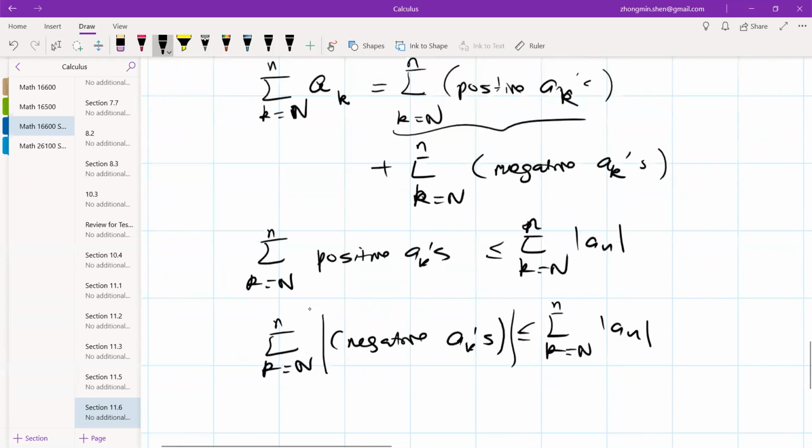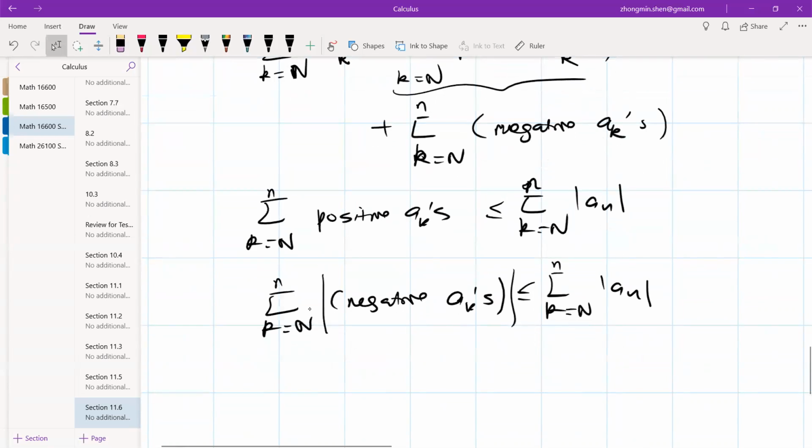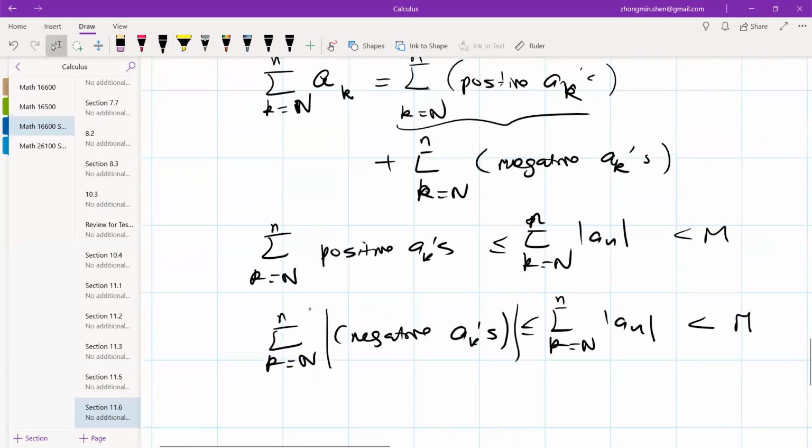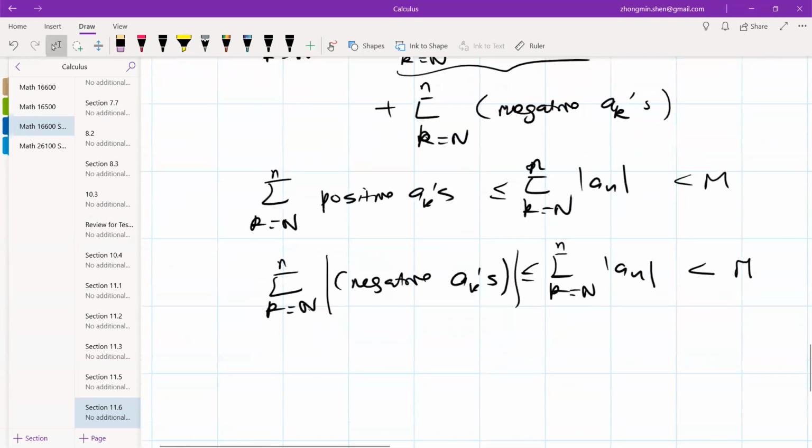So if you remove the negative sign, both are bounded by a finite upper bound. That is the reason this one has a limit, and this also has a limit. Both are convergent. I just want to explain those two.